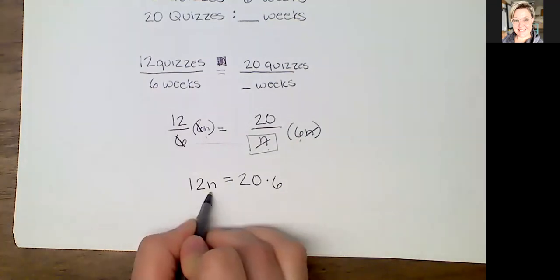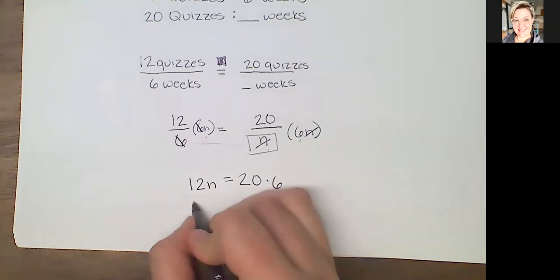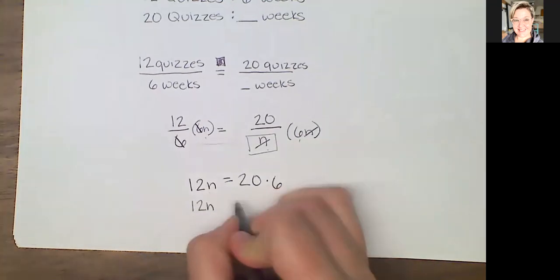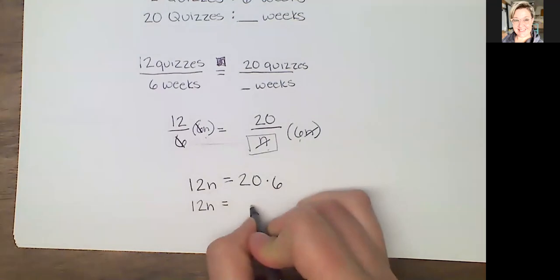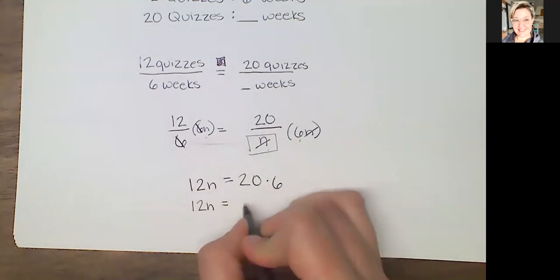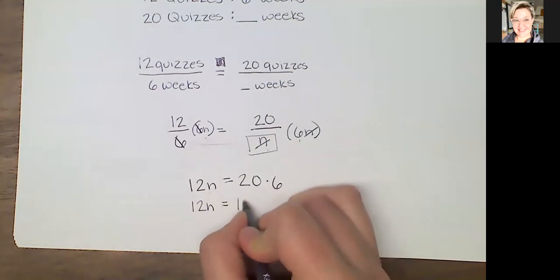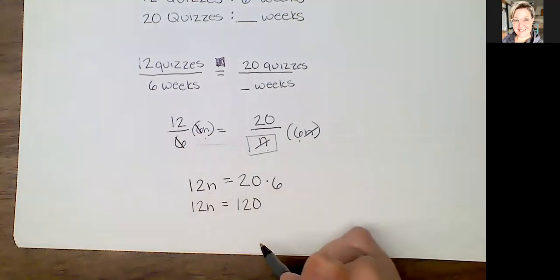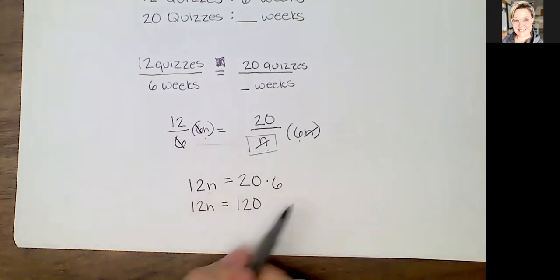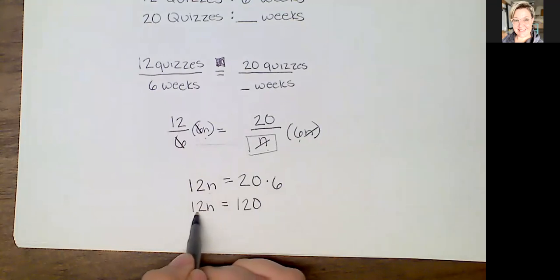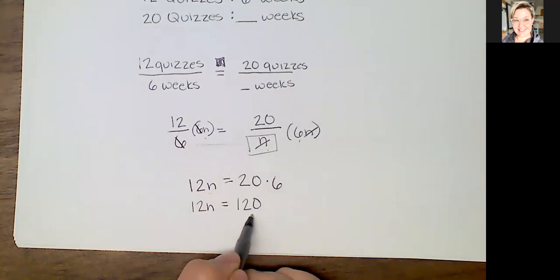So we're still trying to solve for n. The next step is 12n equals 20 times 6, which is 120. We've solved the right side as far as we can, and now we need to get this 12 over to this side.